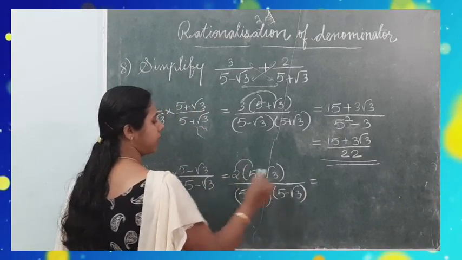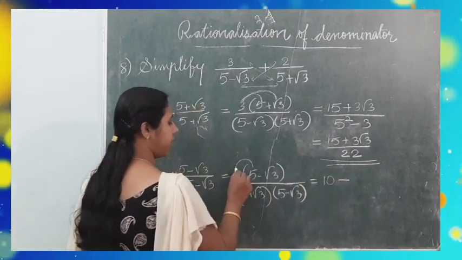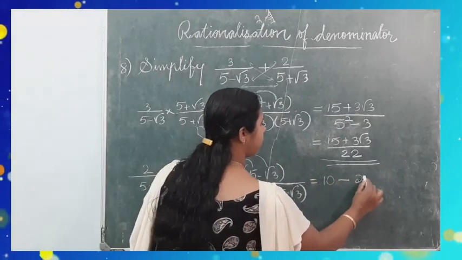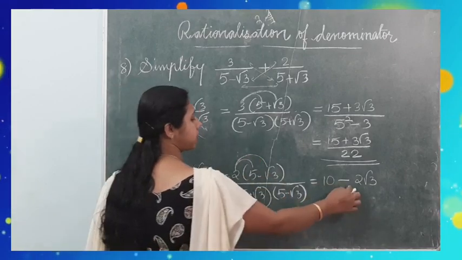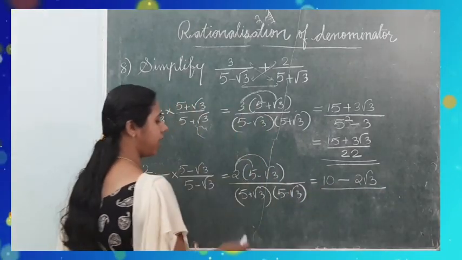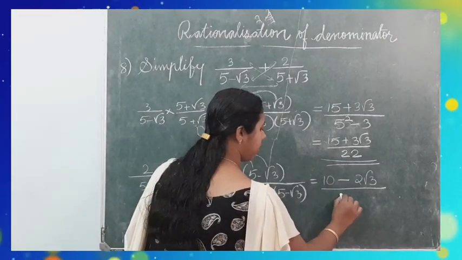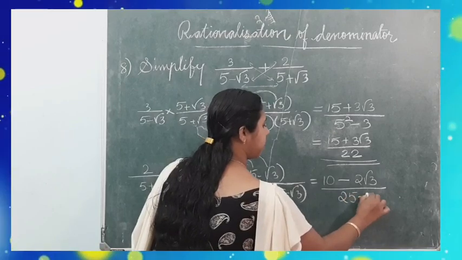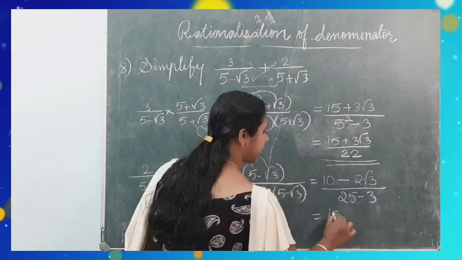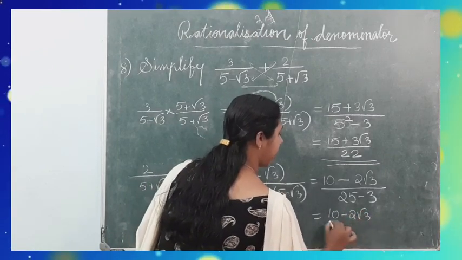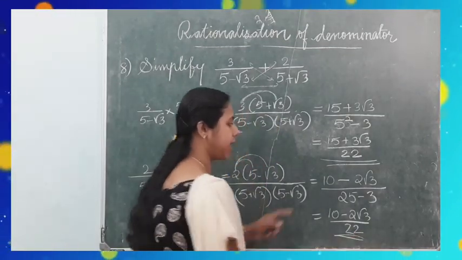So 2 into 5 is 10, the sign is subtraction, then 2 into root 3, that is minus 2 root 3, divided by a square minus b, so 25 minus 3, which is equal to 10 minus 2 root 3 by 22.